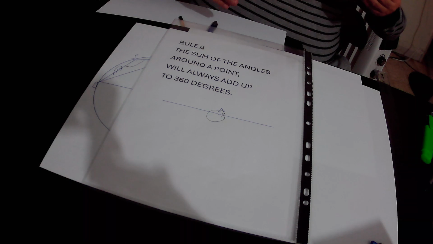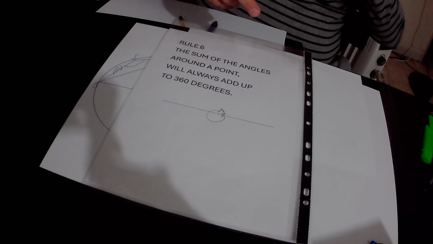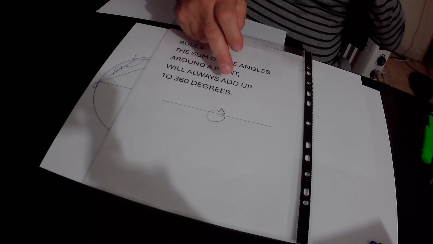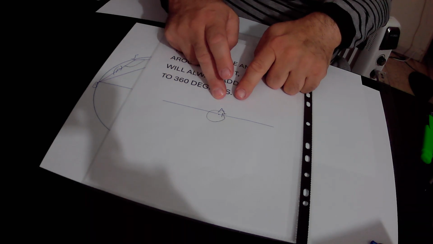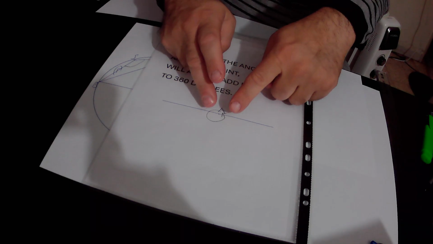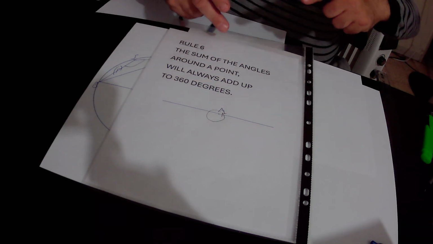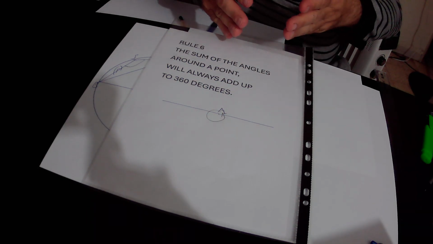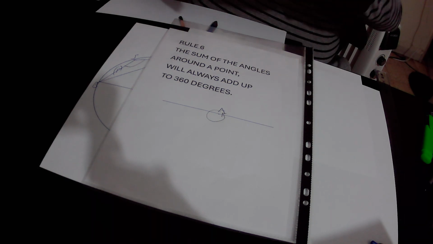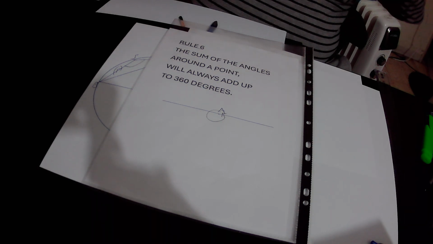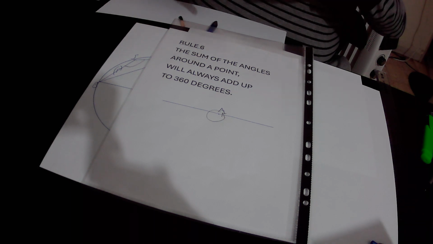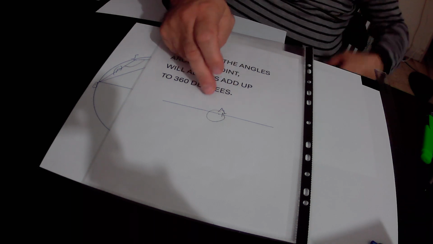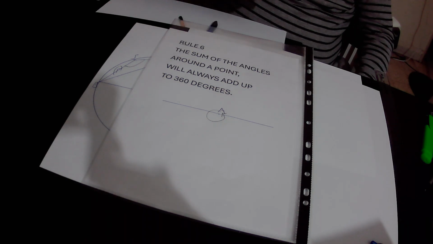So in total, the sum of the angles on the upper side plus the sum of the angles on the lower side must be equal to 180 degrees plus 180 degrees, that is 360 degrees. Exactly according to this rule number 6, that states that the sum of the angles around point A is equal to 360 degrees.